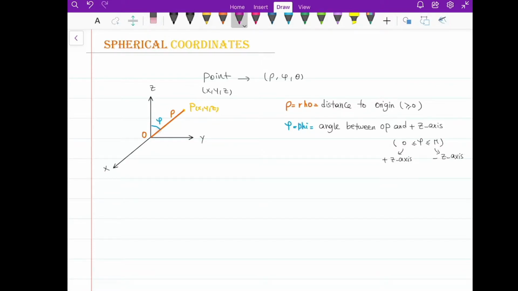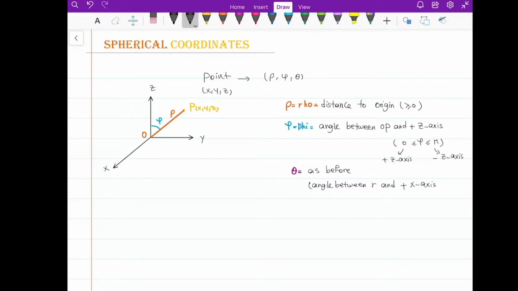And then we have theta. We define theta as before, as in the polar coordinates or the cylindrical coordinates. It's the angle between R and the positive x-axis.